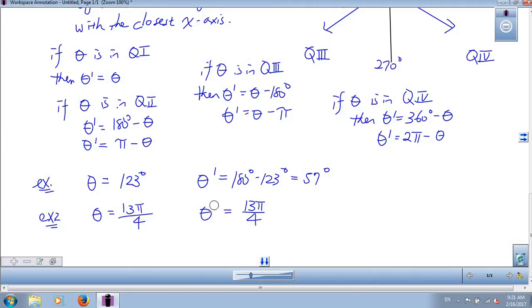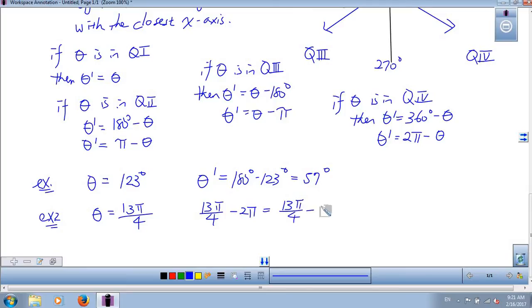However, one thing is 13 pi over 4 is not in the third quadrant. It's not between 0 and 360 degrees first. So what we have to do is take 13 pi over 4 and subtract 2 pi first. So it's 13 pi over 4 minus 8 pi over 4, and that will give us 5 pi over 4. So we're finding the coterminal angle. Here, what we learned about coterminal angles comes into play.